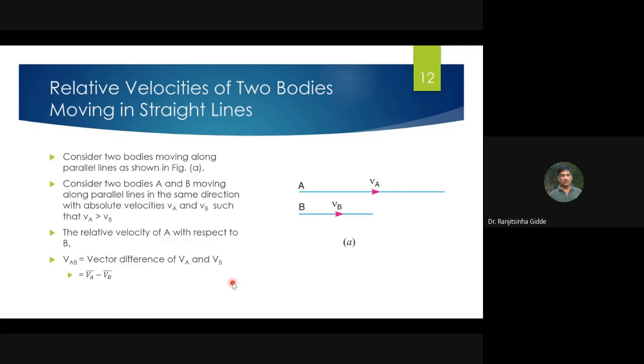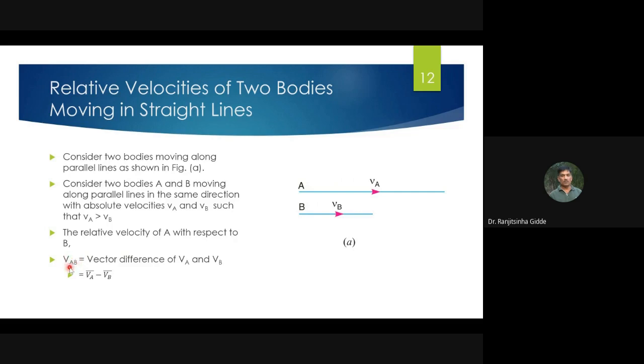So how to determine this? So we are writing here VAB. So please see carefully. Our aim is to determine the relative velocity of A with respect to B. So the first alphabet we have taken is for A, and this is the second alphabet that we have taken.